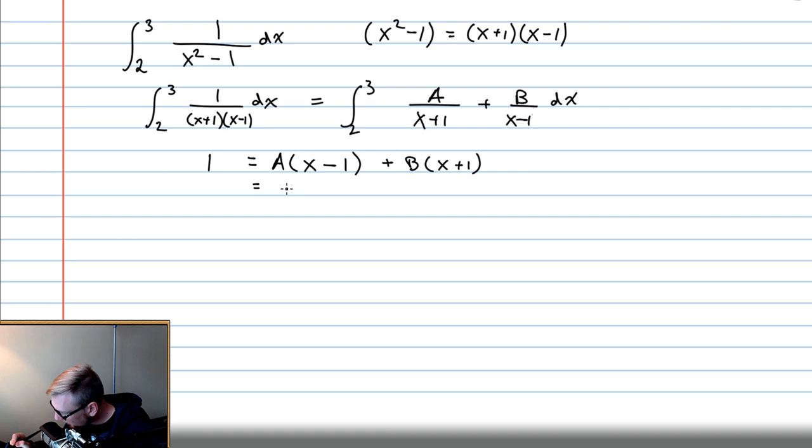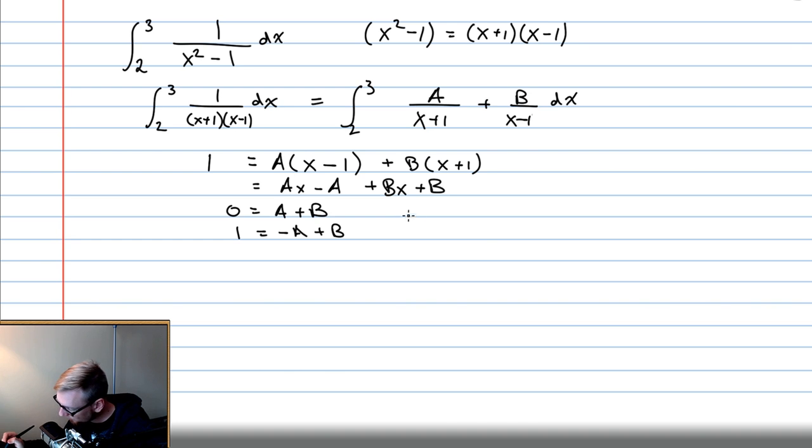So what is this? Ax minus a and plus bx plus b. So there's no value of x, so 0 is a plus b, and 1 equals minus a plus b.